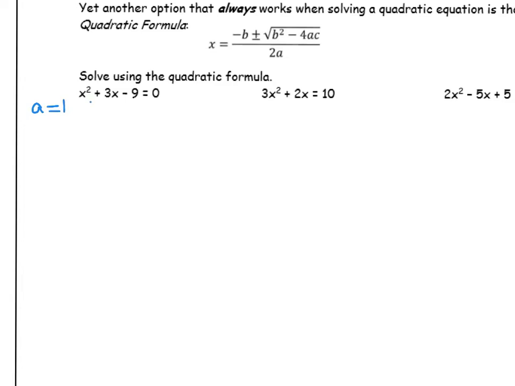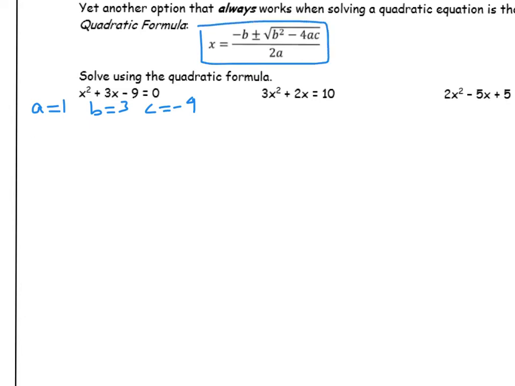if A is 1, B is 3, C is negative 9. We plug those coefficients into this big, horrible-looking equation.